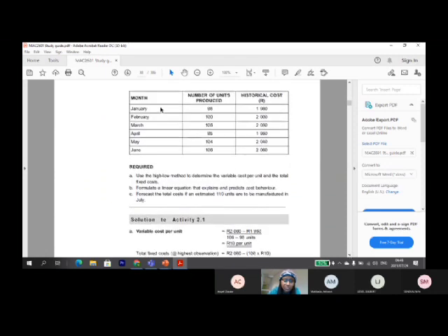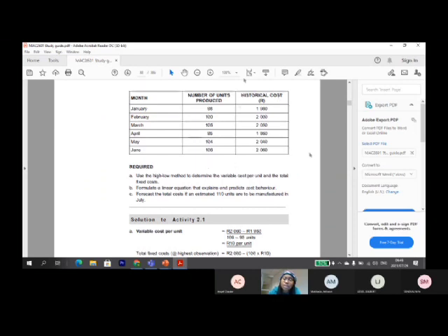They show you the months, January to June, the number of units being produced, and various historical costs. But seeing something like this, please don't forget: in your exam, or in your assignments or wherever, they show you something like this. They're not just giving me a column of units and cost for nothing.